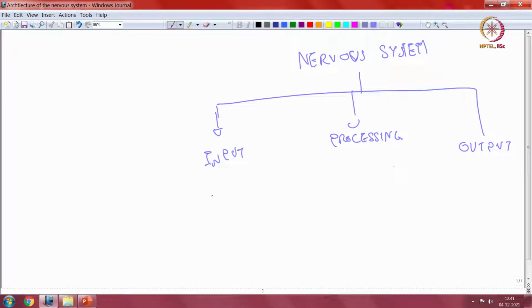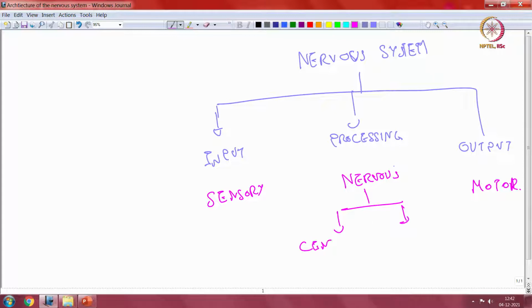In biological terms it is called sensory, motor and the nervous, which in turn is divided into central and peripheral. Central as in what is the core, and peripheral as in what is distributed. So, central obviously is brain and spinal cord.